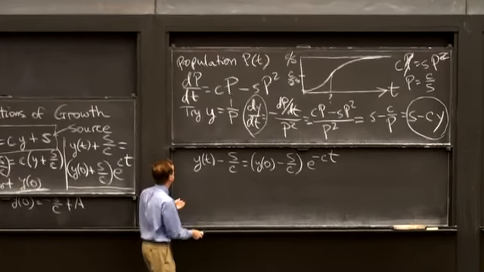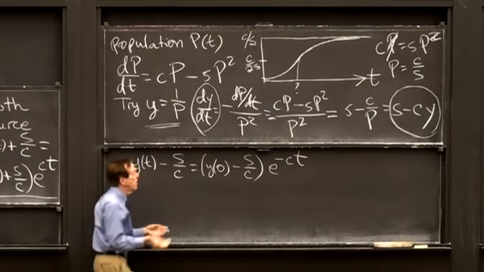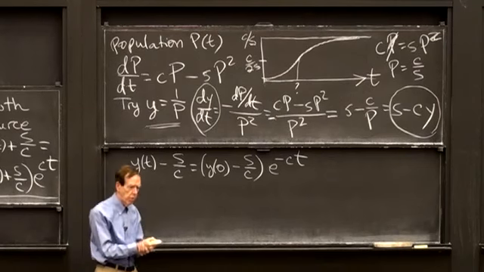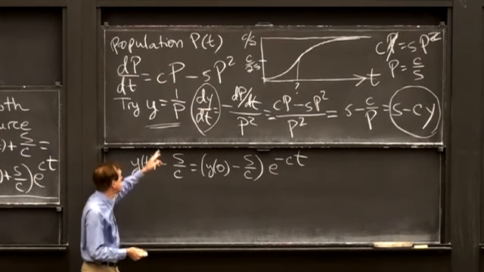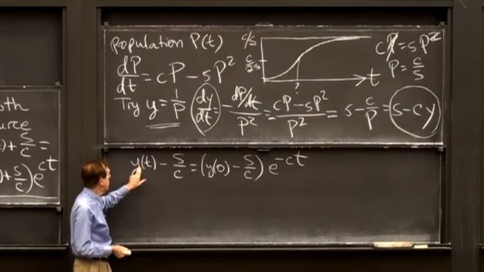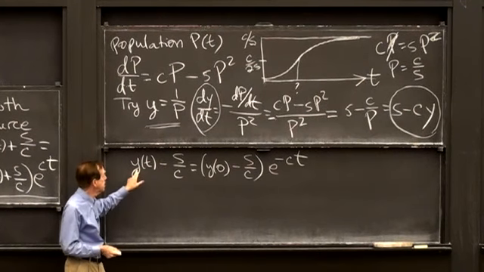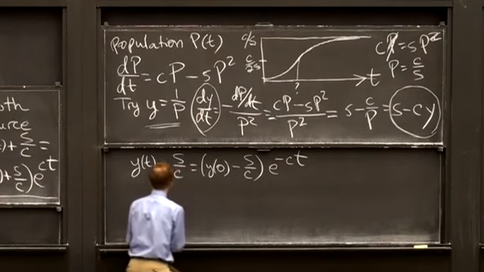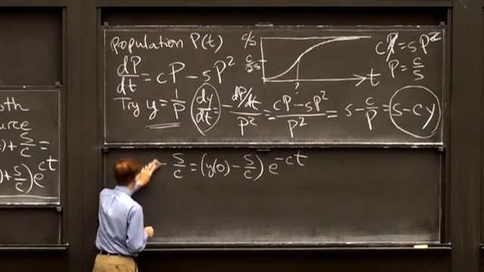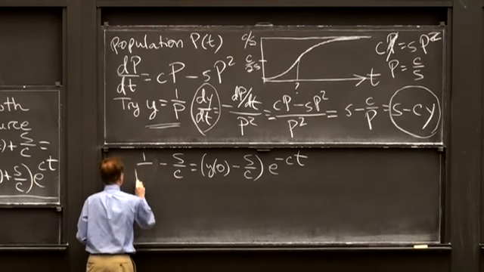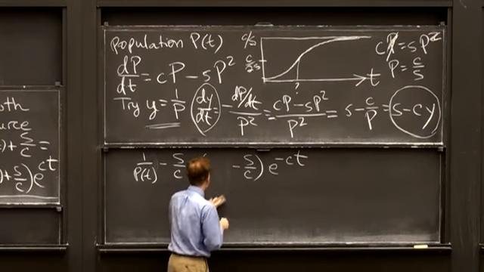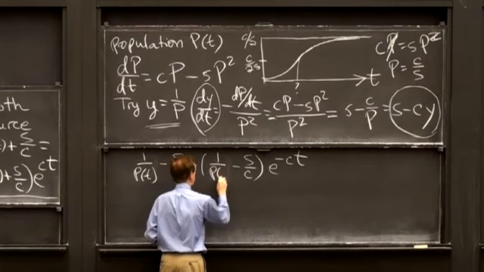And now, so we solved the equation. You could say, well, you solved the equation for y, but now p is just 1 over y. Or y is 1 over p, so I just go back now and change from y back to p. 1 over p of t is, here I have 1 over p of 0.